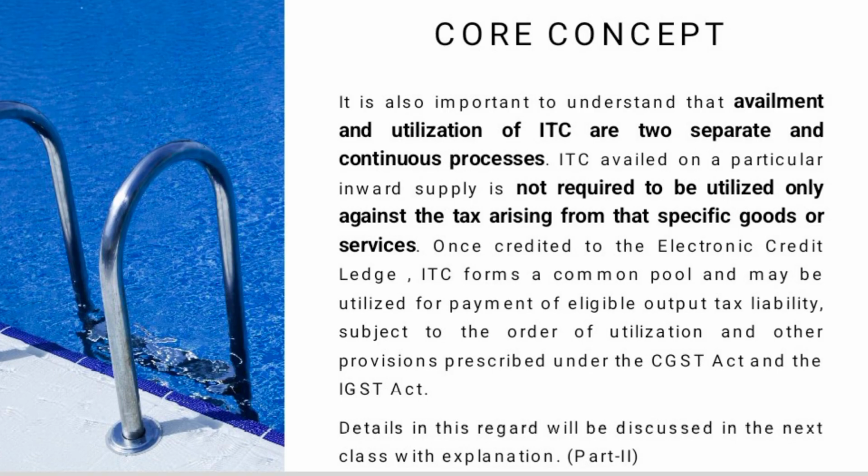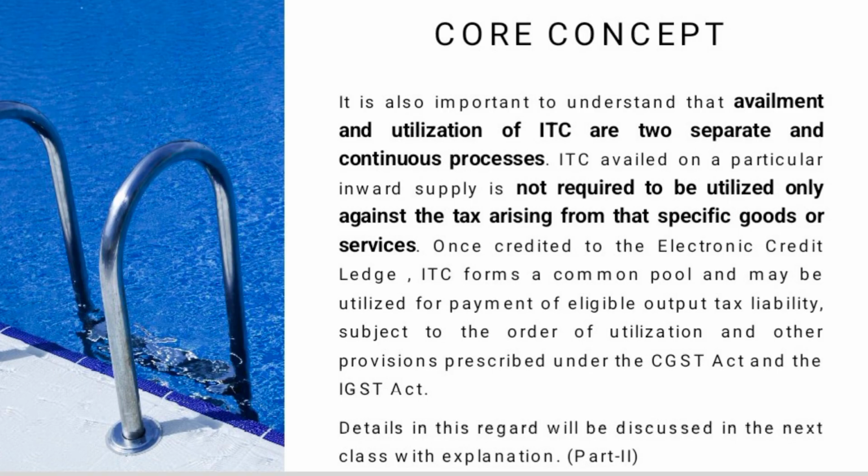ITC available on a particular inward supply is not required to be utilized only against the tax arising from that specific goods or service. Once credited to the electronic credit ledger, ITC forms a common pool and may be utilized for payment of eligible output tax liability, subject to the order of utilization and other provisions prescribed under the CGST and IGST Acts. So, what is ITC availed?